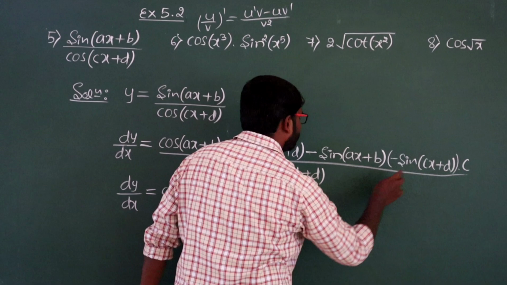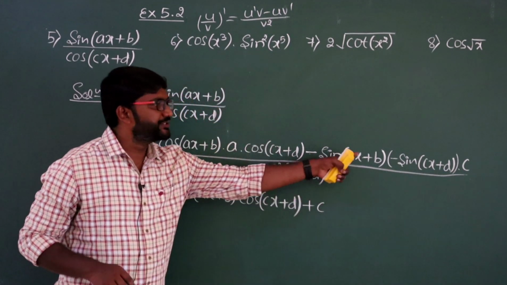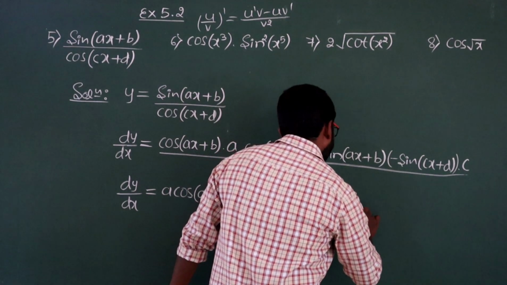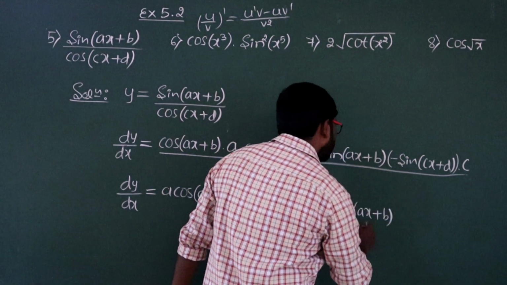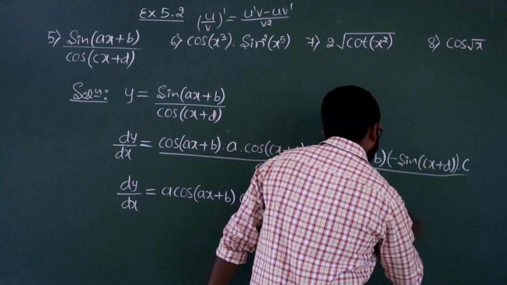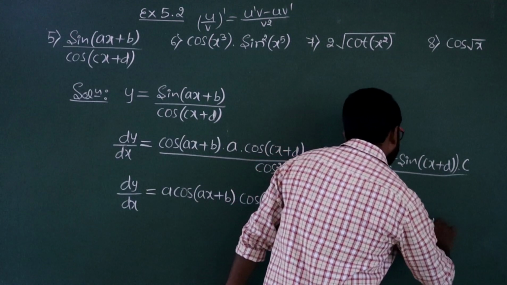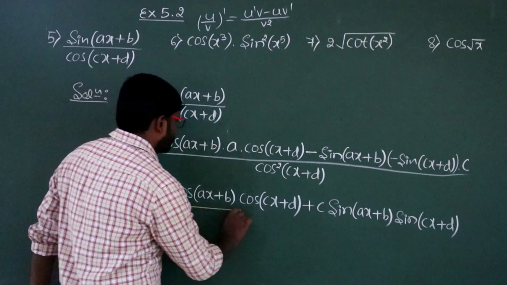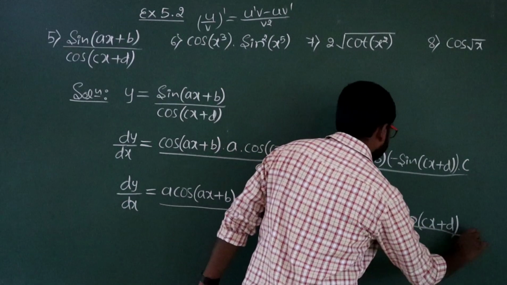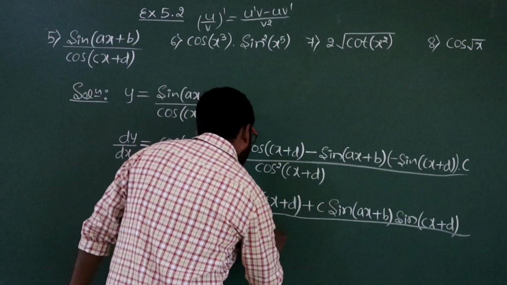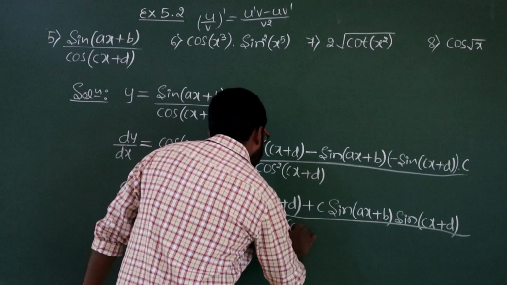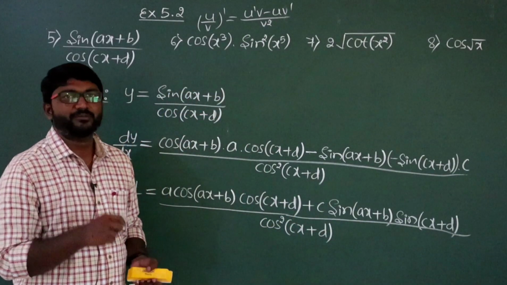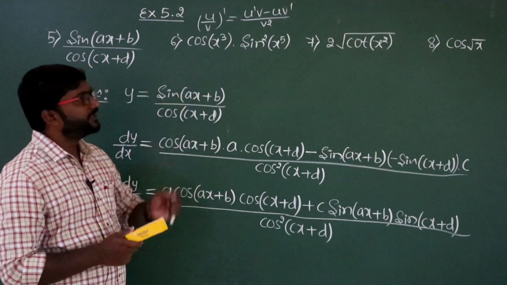I write c in the beginning, c, then write these two terms, into sin of ax plus b into sin of cx plus d, divided by v square, so divided by cos square of cx plus d. So this is the required answer for question number 5. Note down this, then I will be going for question number 6.